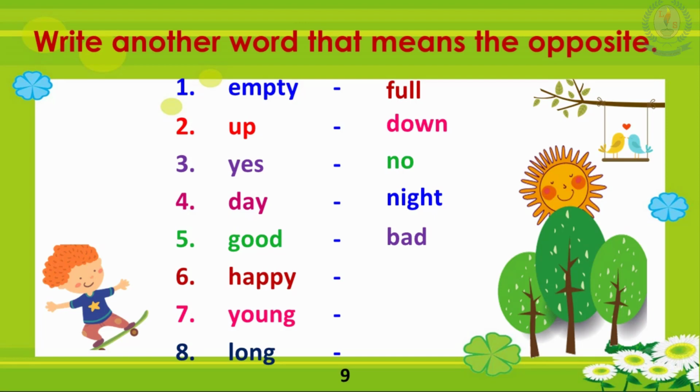Then what's the opposite of happy? Yes, very good. It's sad. Then what's the opposite of young? Very good. It's old. Then what's the opposite of long? Yes, very good. It's short. Shall we read the opposites once again?